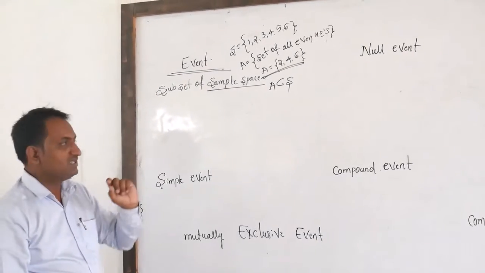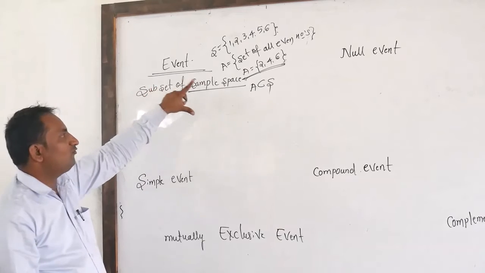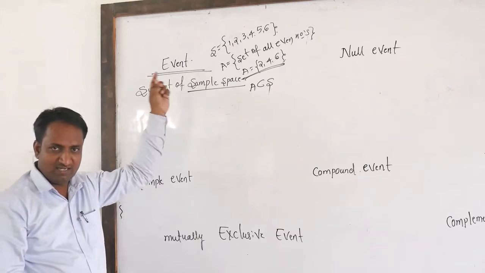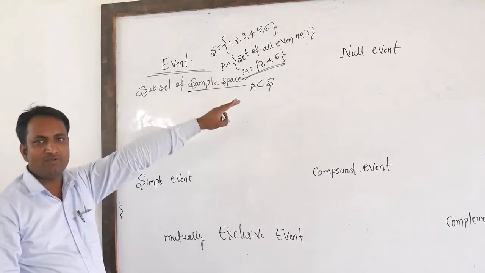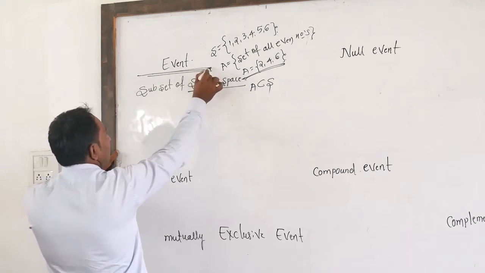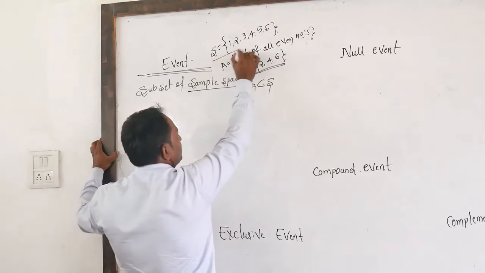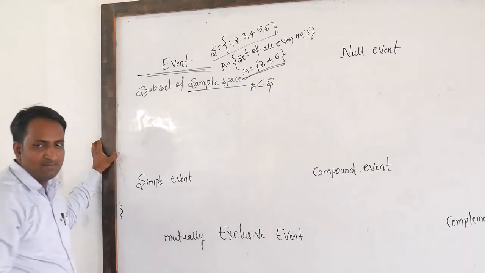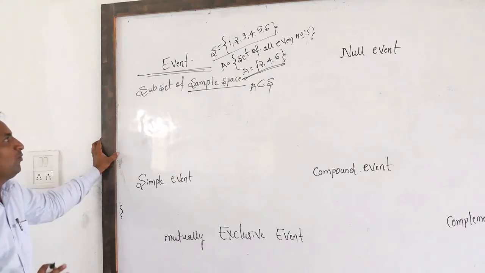Event means it is a subset of sample space. Here is one example. A die is rolled one time, and we get the sample space S equal to {1, 2, 3, 4, 5, 6}.